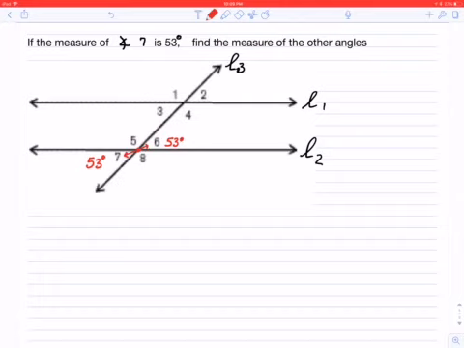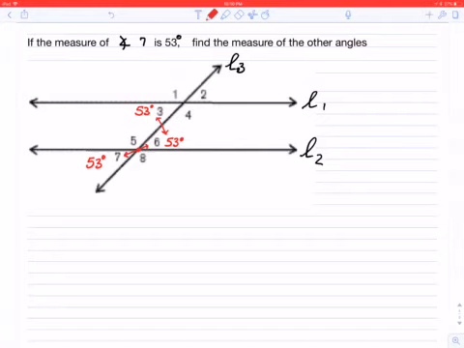Right now, inside the parallel lines, on opposite sides of the transversal, but not next to each other, kind of on the diagonal, would be angle 3. So angle 6 and angle 3 are alternate interior to each other, and alternate interior angles are equal. So if angle 6 is 53 degrees, so is angle 3.